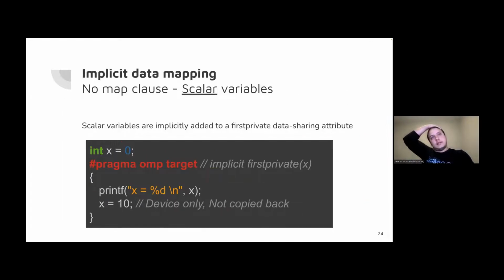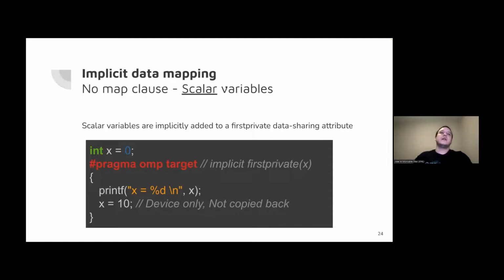So there is this idea that there are variables that are going to be implicitly mapped. The trick here is to know for a specific variable if the compiler is going to be able or not to determine what the size of that variable is. And there are two types of implicit mapping. One that is done to the scalar variables.